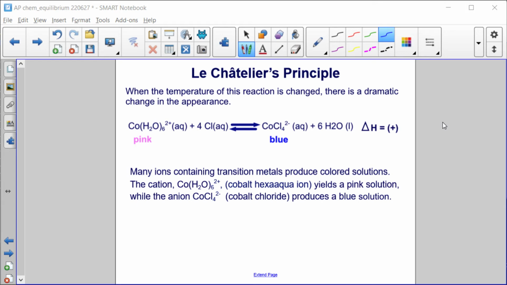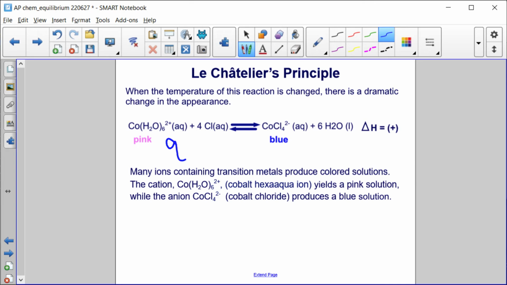Here's another example that we can see just by changing the temperature. When the temperature of this reaction is changed, there is a dramatic change in appearance. So you can see delta H is positive here. That means the reaction is endothermic, and that would mean that heat is a reactant. Okay.